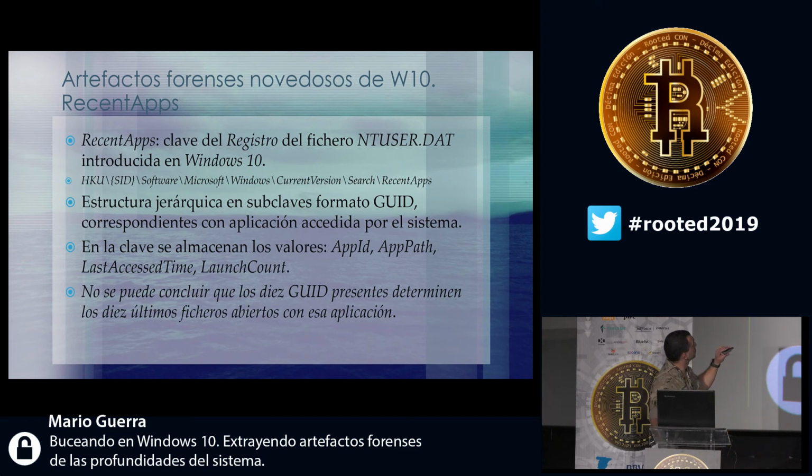We also have recent tabs, which is a registry key in the user data only for Windows 10 OS, and that gives a hierarchical structure of more events in the system. We have several keywords there, but from the forensics perspective, we need to be careful with the information we get, because we cannot conclude that the 10 weeks present determine the last files open with that application.